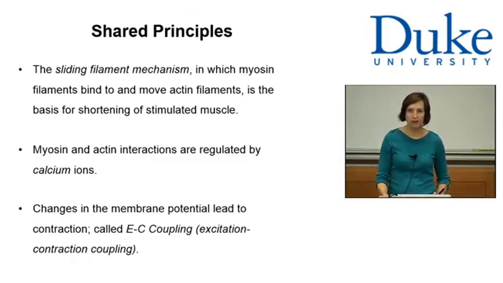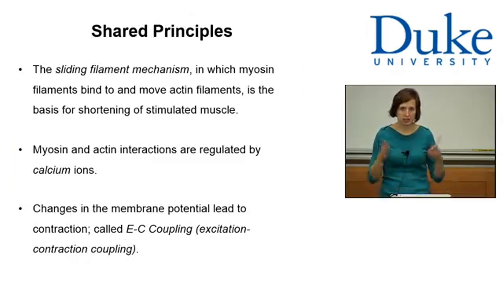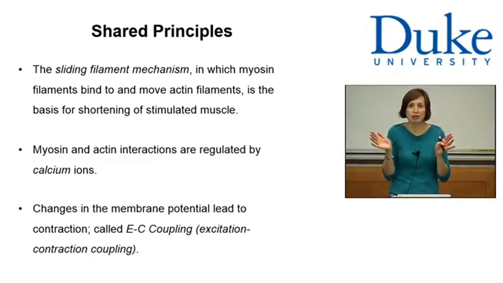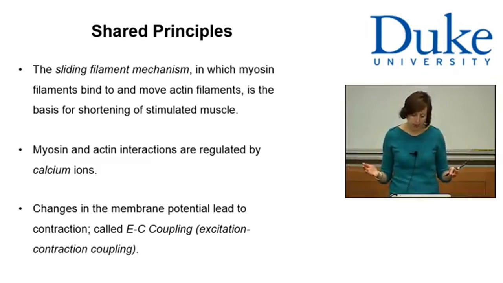So let's briefly talk about some of these shared principles between the three muscle types, where in all three cases we're going to have myosin filaments, which are going to be a type of motor protein that are going to bind to and move actin filaments to shorten the muscle cell. And so this is how we get contraction.